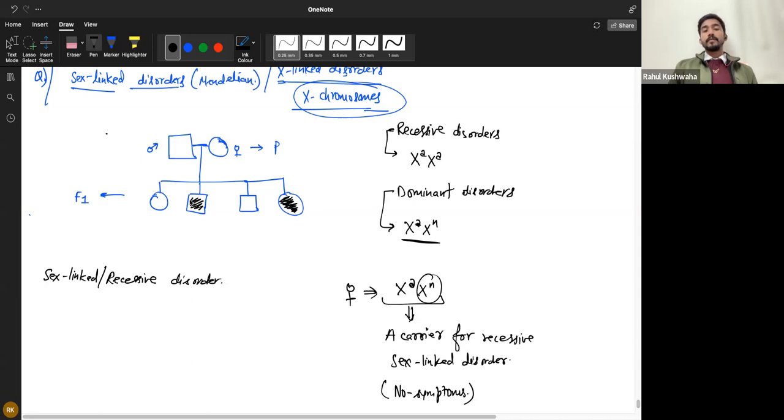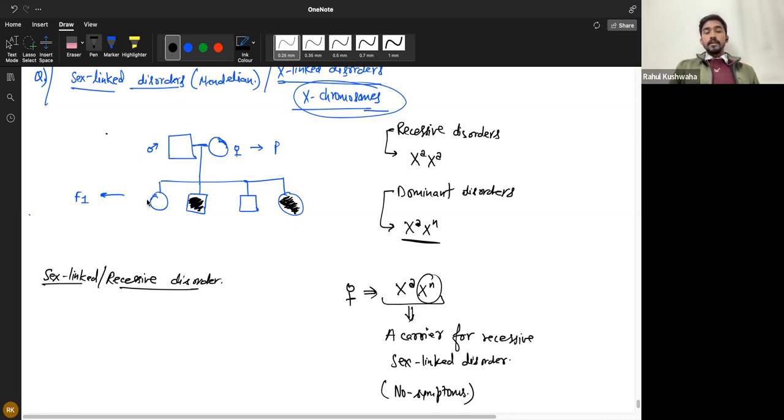Now you have to tell me the genotype of the progeny and the genotype of the parents. It's a sex-linked recessive disorder. One son is affected and one daughter is affected.